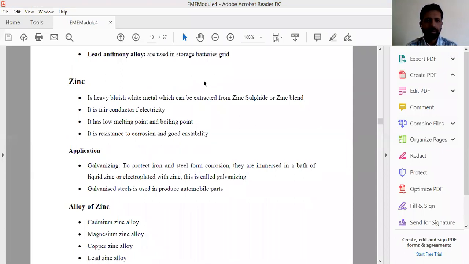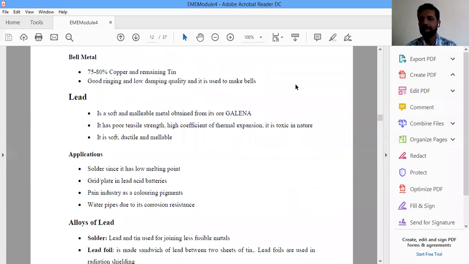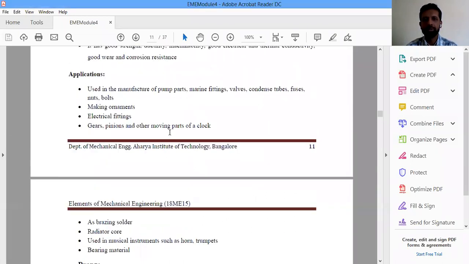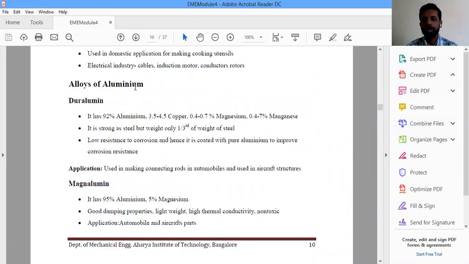So these are some of the metals, non-metals and alloys that we have to know in general, because every portion in this has several sub-classifications. If we take aluminium itself, as I mentioned in the previous class, it is not just restricted to duralumin and magnalumin and so on. There is a much larger series of standard alloys available for aluminium itself for different applications.